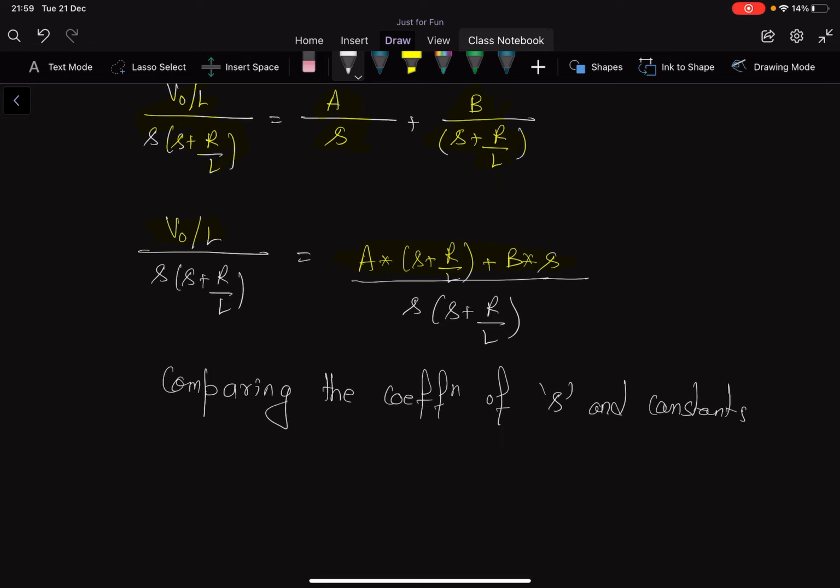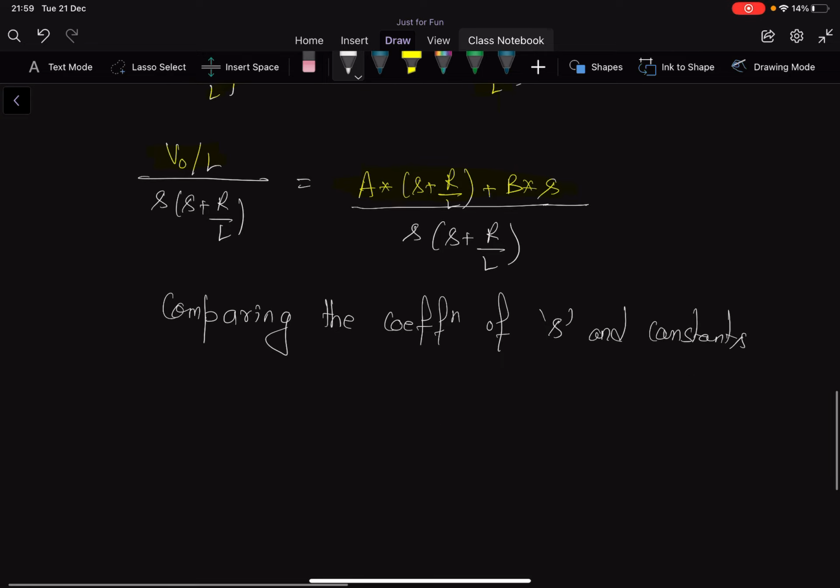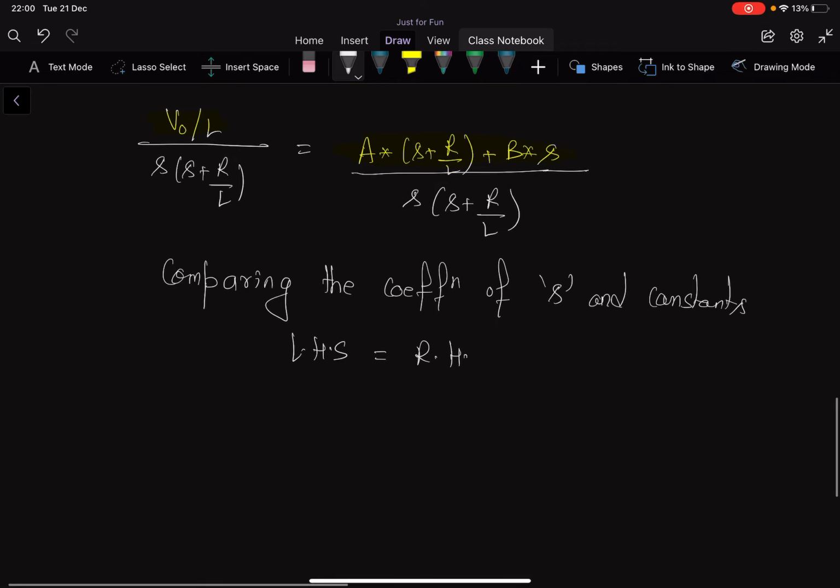Okay, so first what I will do is I will take the left hand side and right hand side coefficient of s.